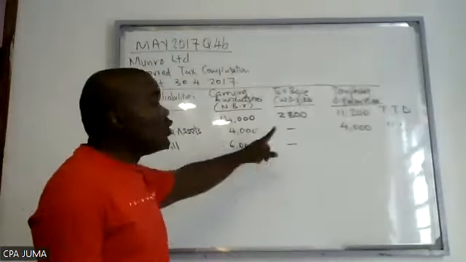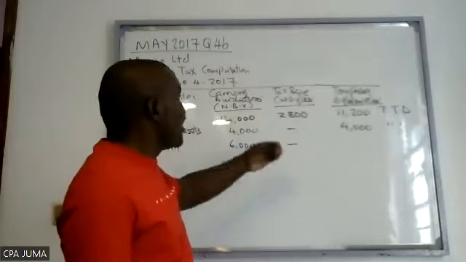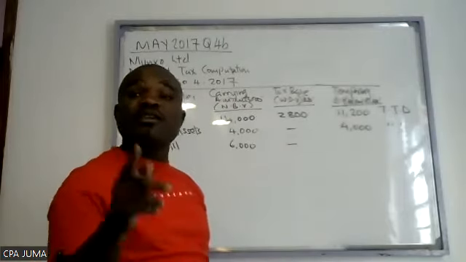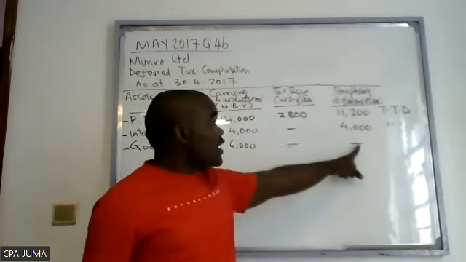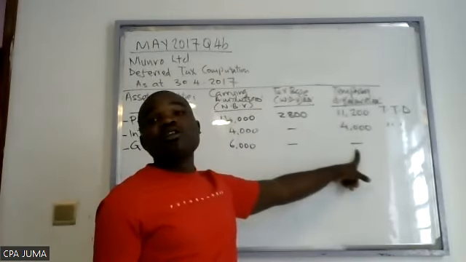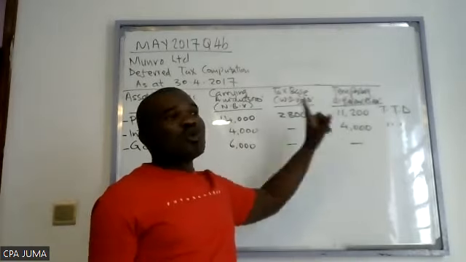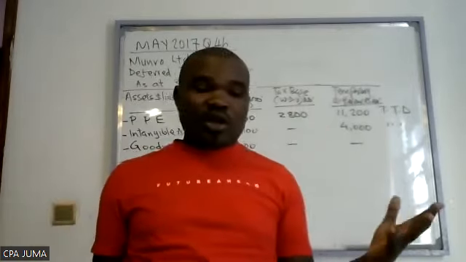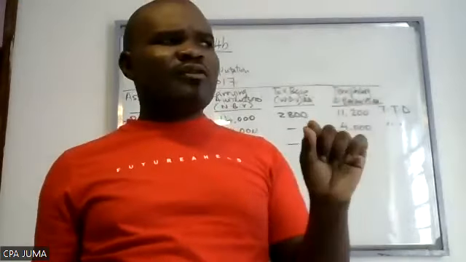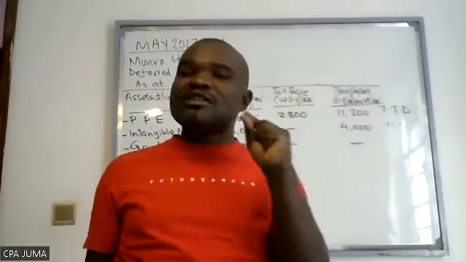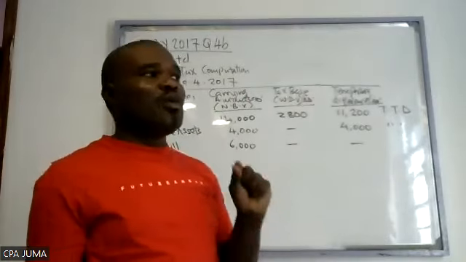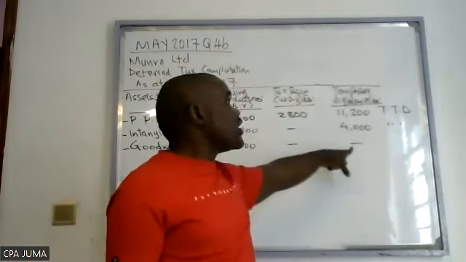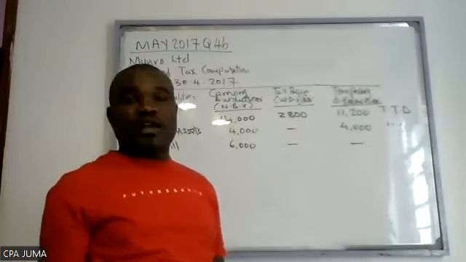So goodwill always, hata kama wangesema goodwill has a tax base of 0, and by extension the temporary is also 0. What is brought here will always attract tax. So goodwill, regardless, that is a rule. Regardless of any item which is tax exempt will have a 0 temporary difference, regardless of the book value.